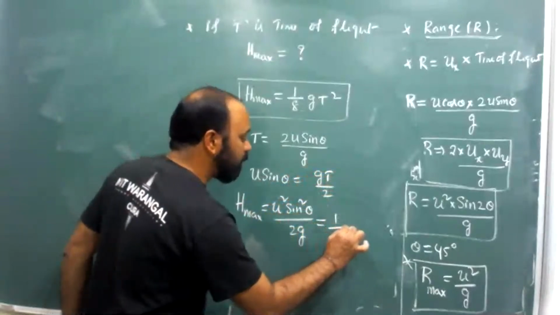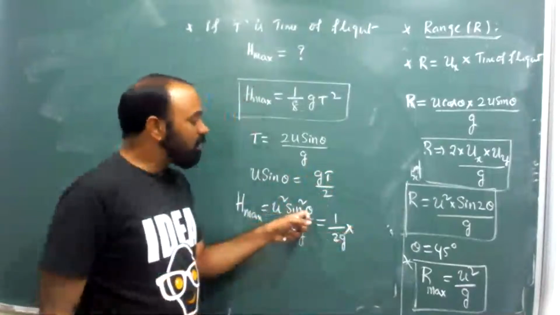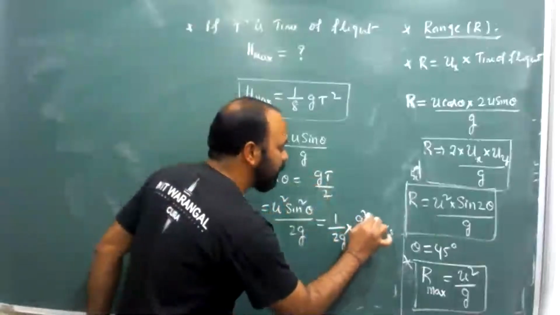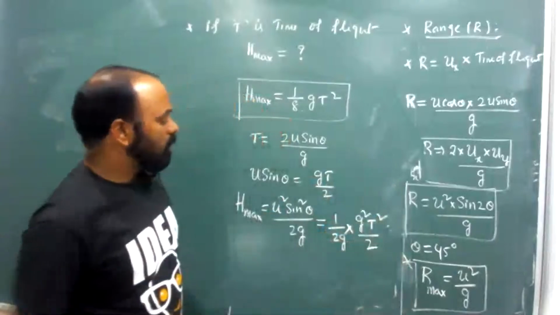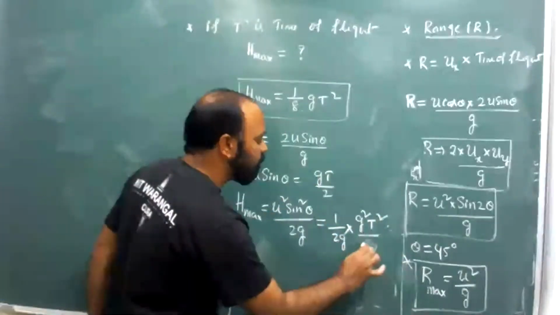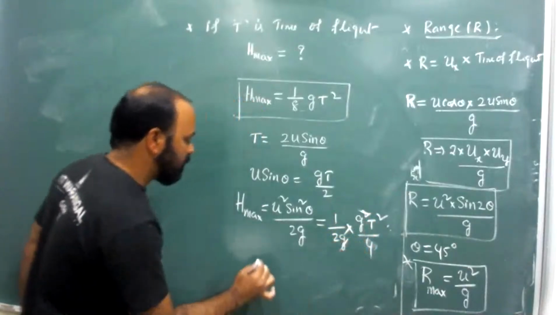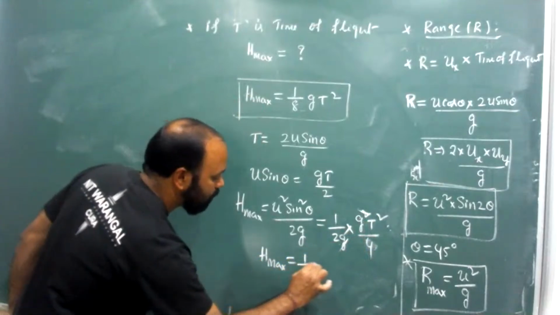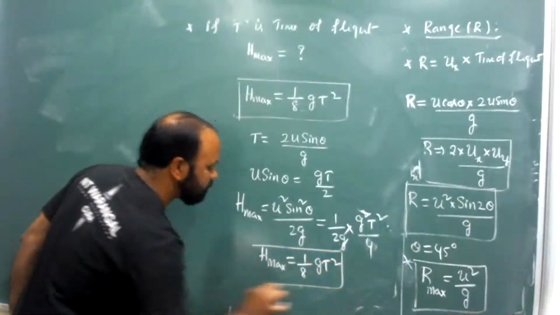Two squared becomes 4, with 2 times 4 giving 8, and one g gets cancelled. So we get the formula H maximum is equal to 1 by 8 g T square.